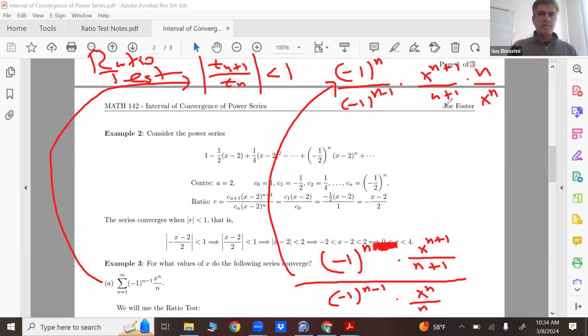Make sense so far? Okay. Use your properties of exponents. Do these have the same base? Yes. How do we combine these exponents? They have the same base and divide, so it becomes just -1 to the 1 power.